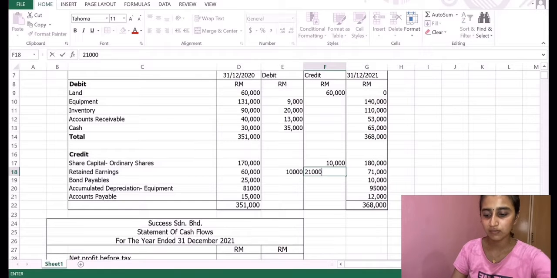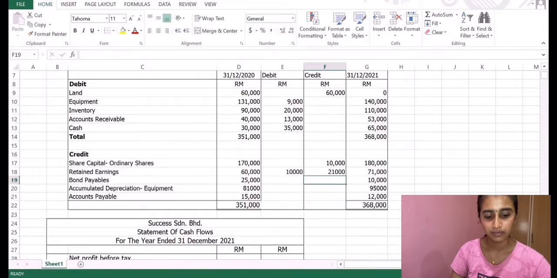Then on the credit side, we must record the net profit because it increased the retained earnings. When we record dividend on the debit side, it decreased the value, and net profit has increased it, so the credit side is 21,000.